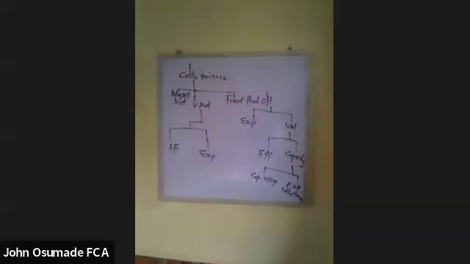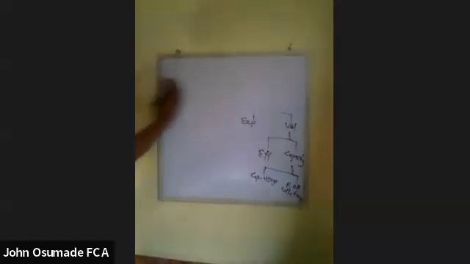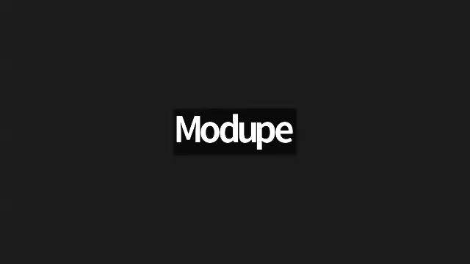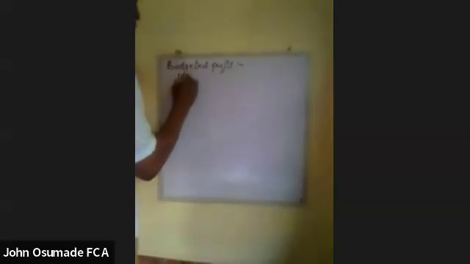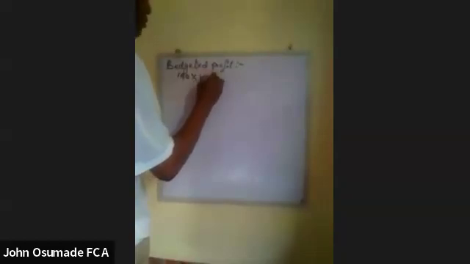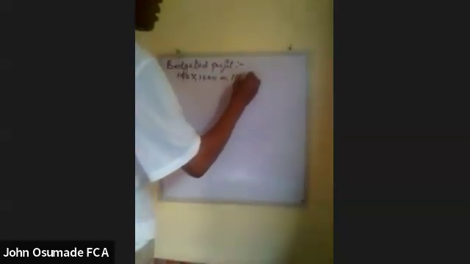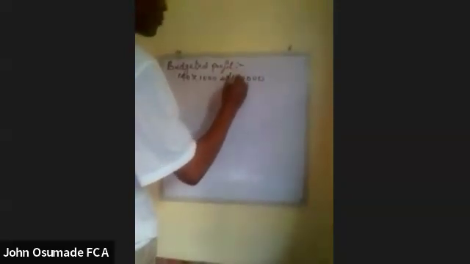So we should be looking for a budgeted profit of 140 roofs times 1,000 naira, which means we budgeted that we will make 140,000 profit.